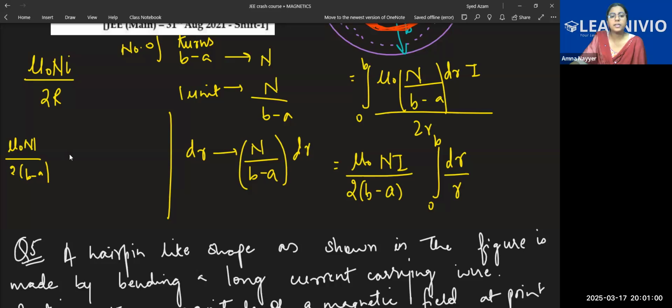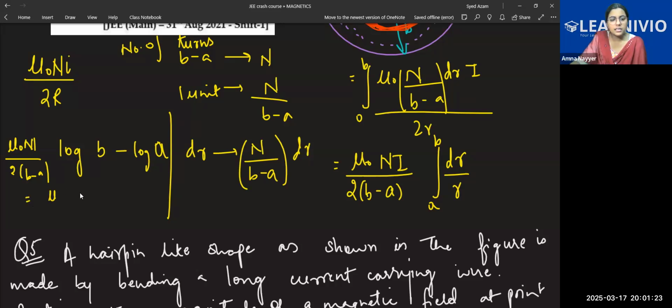So this will become log of upper limit minus log of lower limit, log B minus log, not 0 exactly. This will be A, because we are integrating it from A, because from the center there is nothing present. We have to integrate it from the inner radius to the outer radius. So what will be the answer?